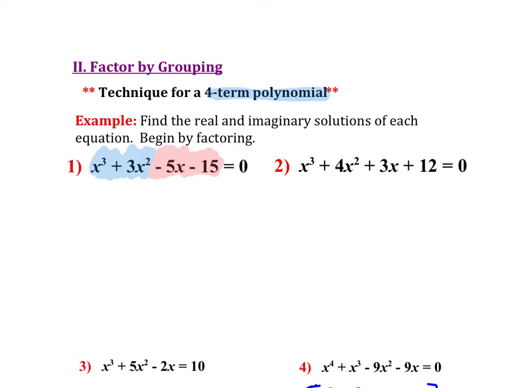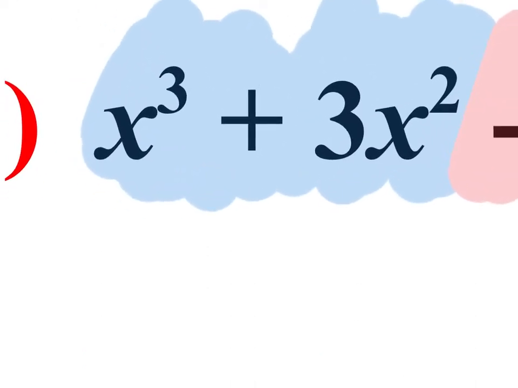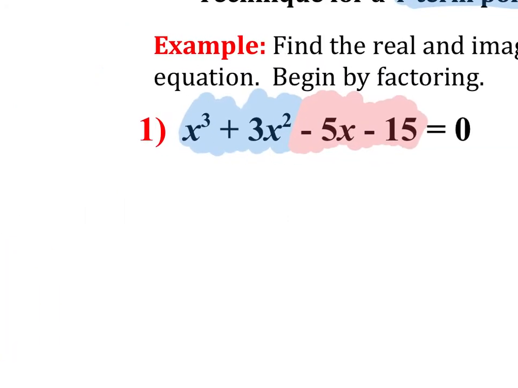Now, once I've done that, what I'm going to do is look for the GCF in my first group. So what is the GCF just from x to the 3rd and 3x squared? Well, I'm noticing those guys have a GCF of x squared. So just from that first set of 2 terms, I'm going to pull out an x squared, leaving me with an x plus 3.